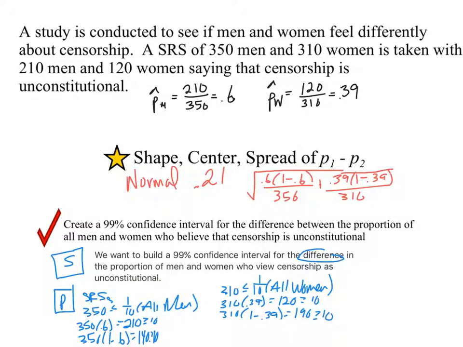So nothing too crazy. We have one added condition here that we need to talk about. And let me give you kind of a counterexample to this condition. And that is, if I flipped a coin 100 times, a fair coin, and I got 53 heads, that means I got 47 tails.